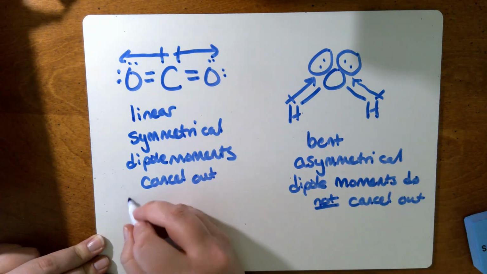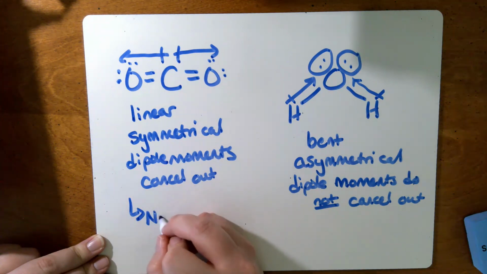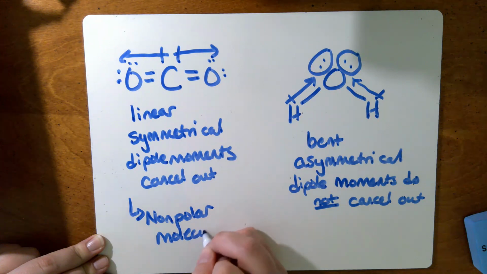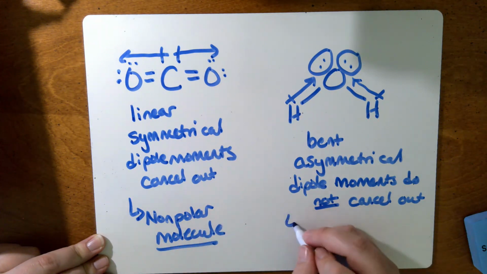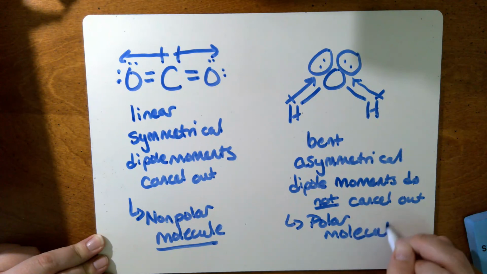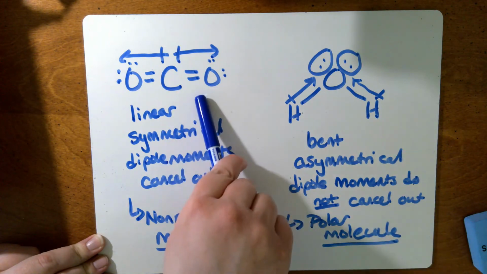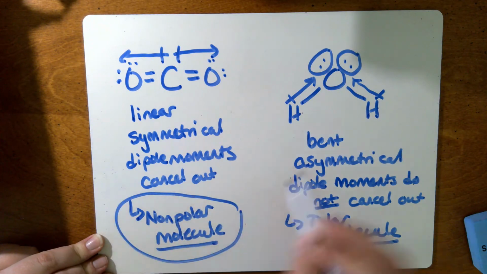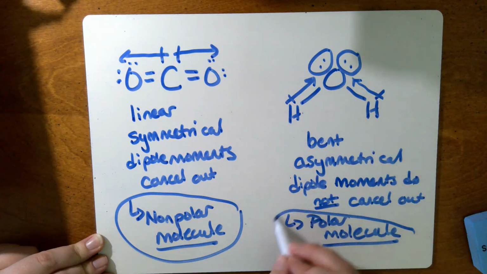And so this is overall nonpolar. So this is a nonpolar molecule. And this is a polar molecule. Now they both have polar bonds, but here, since the dipole moments cancel out, it's a nonpolar molecule. They don't here, so it's a polar molecule.